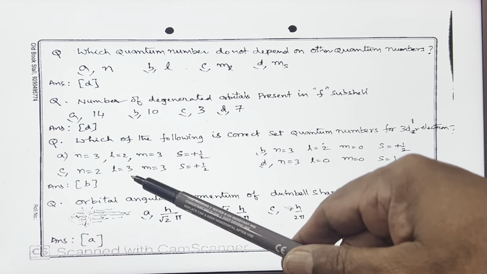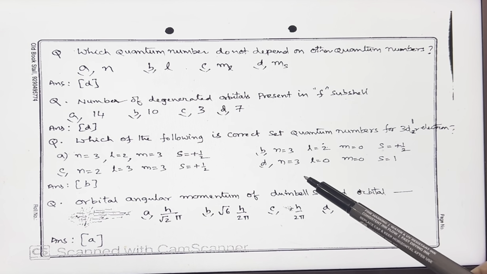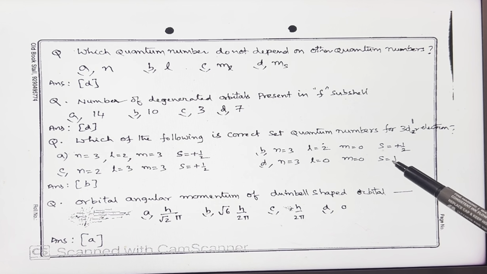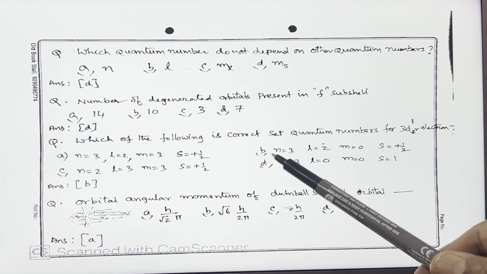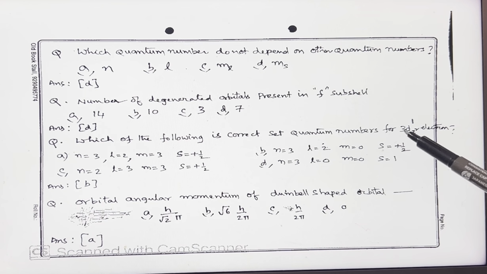C, n is equal to 3, l is equal to 3, m is equal to 3, s is equal to plus half. D, n is equal to 3, l is equal to 0, m is equal to 0, s is equal to 1. The actual answer for this question is B. n is equal to 3, l is equal to 2, m is equal to 0 and s is equal to plus half.